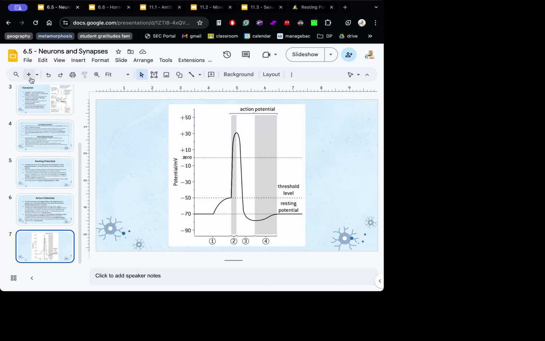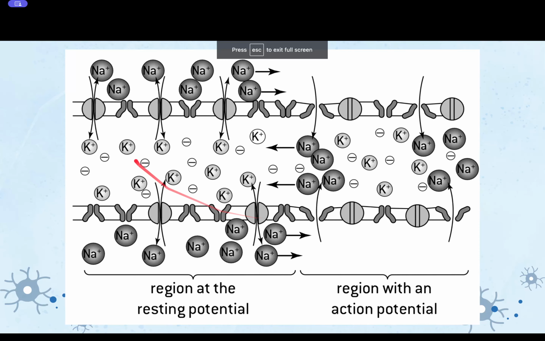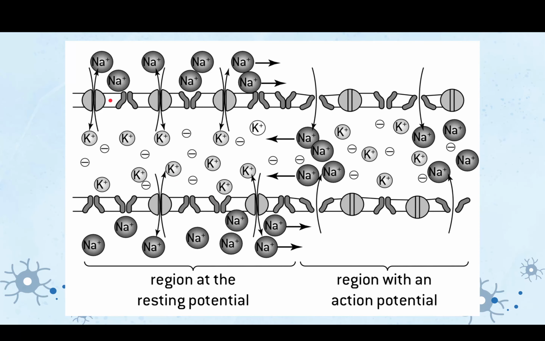Okay, so basically a nerve impulse is an action potential that travels along the axon of the neuron from one end to another.